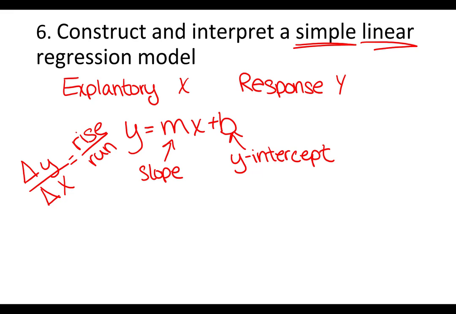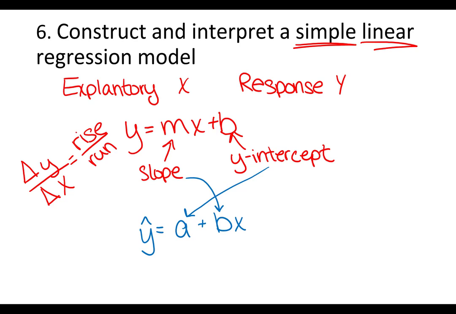While y equals mx plus b is often used in algebra, the notation in statistics is slightly different. For example, your book would write this as y hat equals a plus bx, where the y-intercept is a and the slope is b.